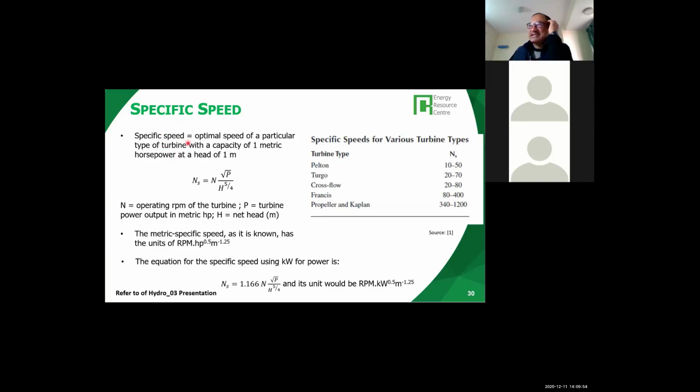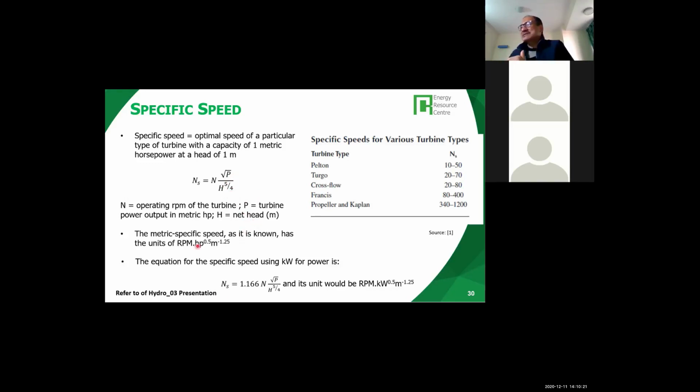Specific speed is defined as the optimal speed of a particular type of turbine with a capacity of 1 metric horsepower at a head of 1 meter. This is the formula used: NS is the specific speed, N is the operating RPM, P is the power, and H is the net head.